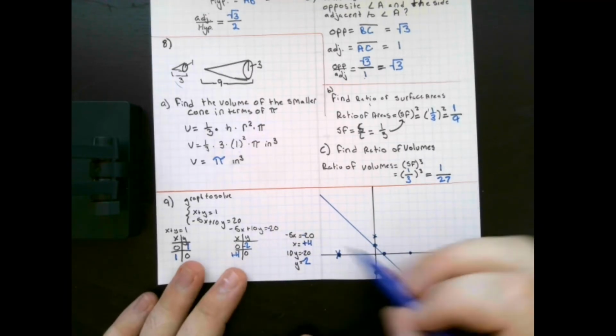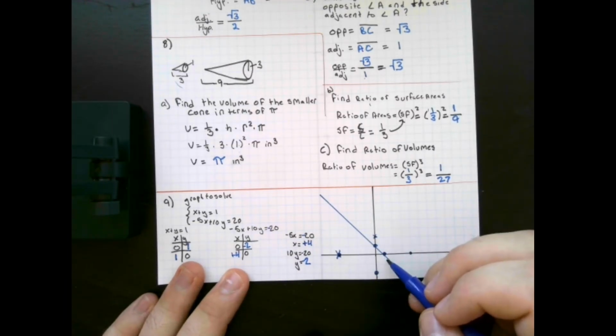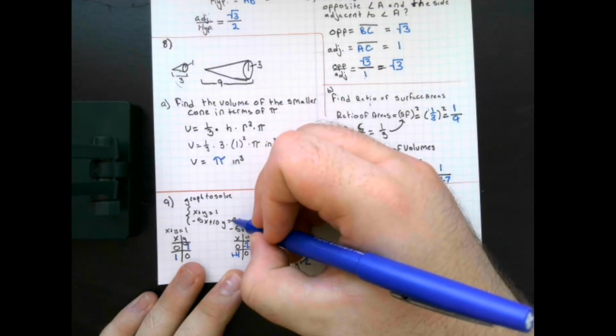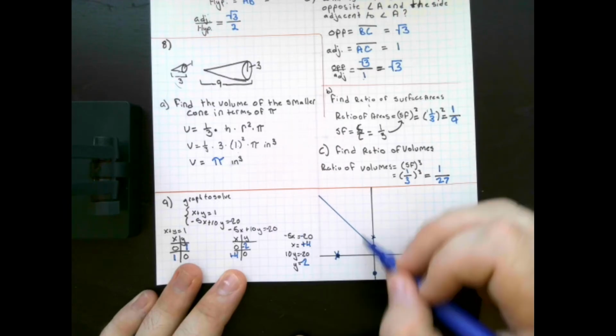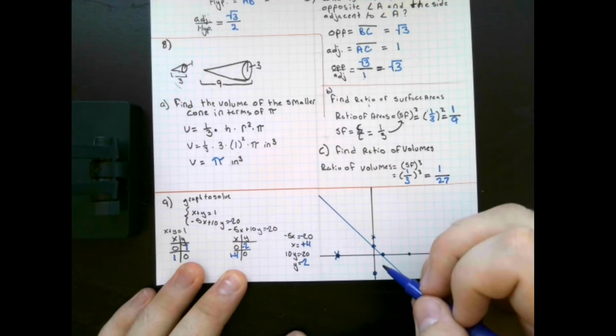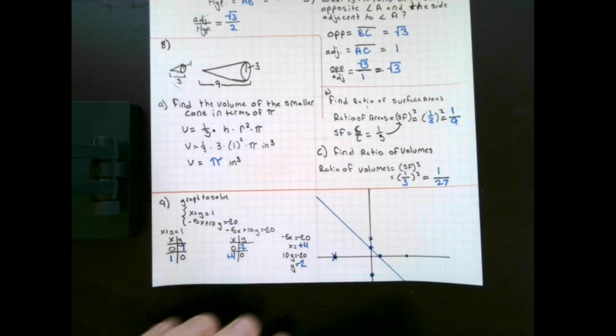Now, if you ever get to a point where you're graphing a set of equations and you notice that you're not going to be graphing through a set of intercepts, an actual point where they're going to cross, then you should go back and check your work because you probably missed something in the problem like I just did.